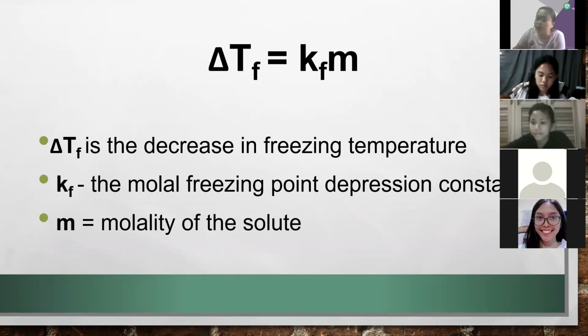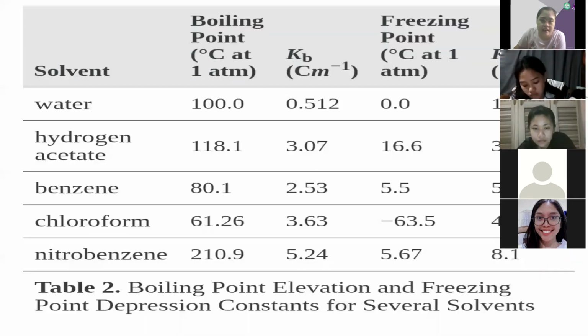Let us go back to the table. On the right side of the table, you will see the freezing point of our solvents in the laboratory, and just beside the freezing points, we have the Kf. It has the same unit as that of the Kb, degrees Celsius per molal, but different values, so do not be confused.